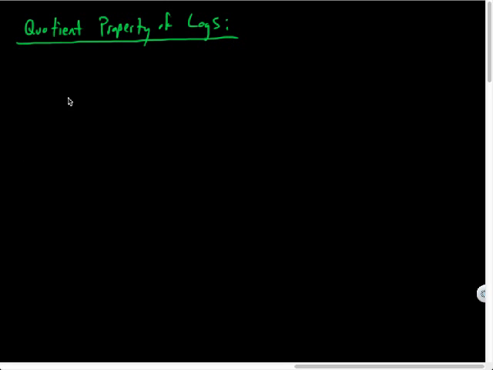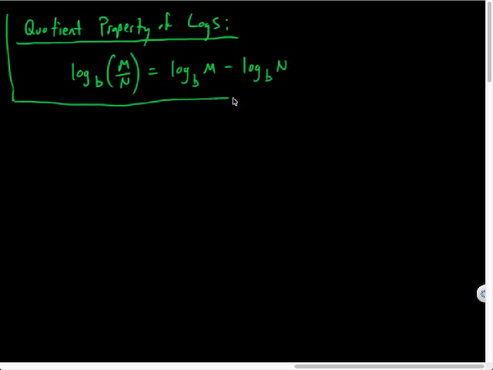And so the quotient property of logarithms says that if I have log base b of m divided by n, the log of a quotient is equal to the difference of 2 logs. Aha. Right? Not too shabby. Good stuff.